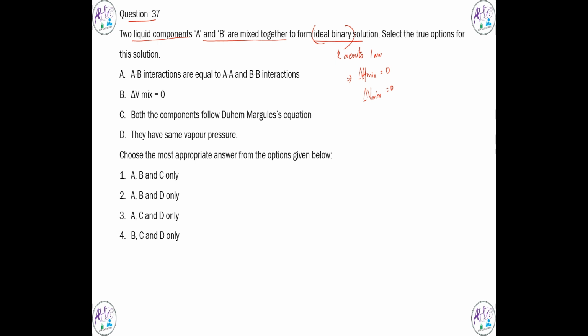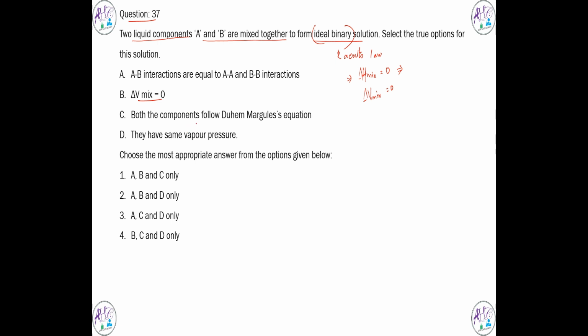If there is no change in heat or enthalpy, there is no extra force acting: no attractive force, no repulsive force, so the volume remains the same. The volume change is zero. That's why we say delta V mixing is zero.